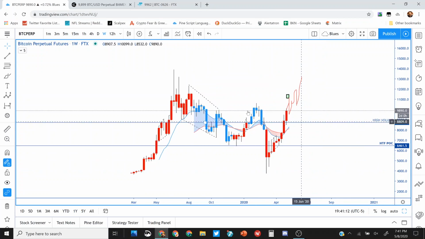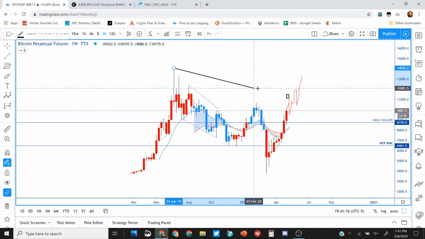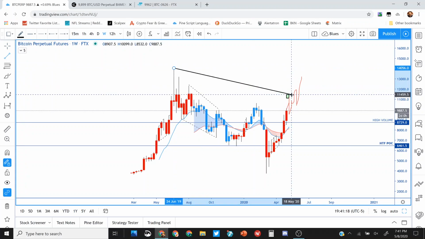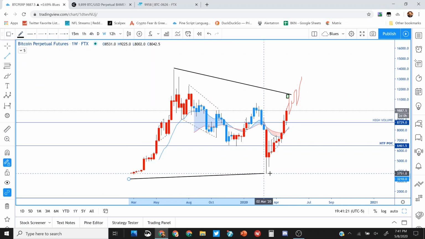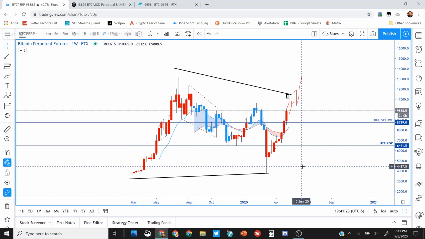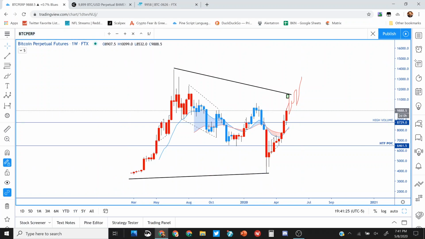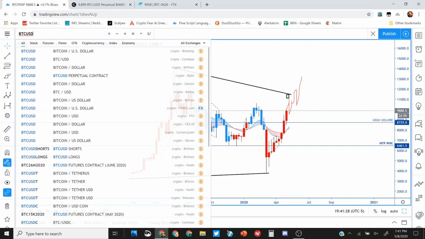Here's the thing. That ABC could be over at any time. We can make the contracting flat and break down. We need to go to another chart here.